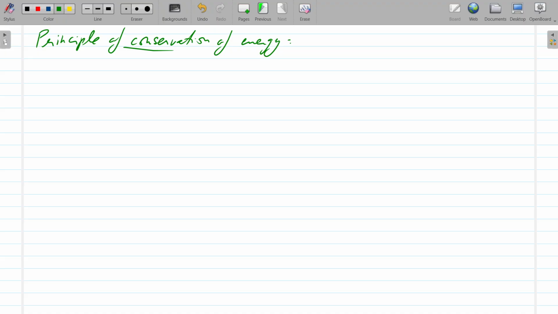It is one of the basic laws of physics, very basic. It states that energy cannot be created nor destroyed, it is always conserved.